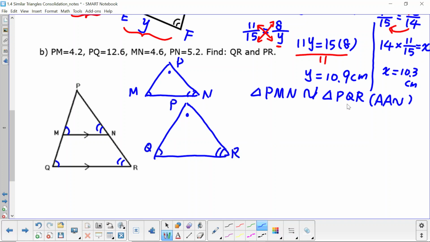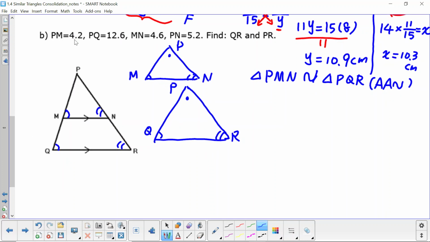Then once we have these two triangles are similar, then we want to label this triangle with PM is 4.2, PQ is 12.6, MN is 4.6, PN is 5.2. It asks you to find QR, asks you to find PR.